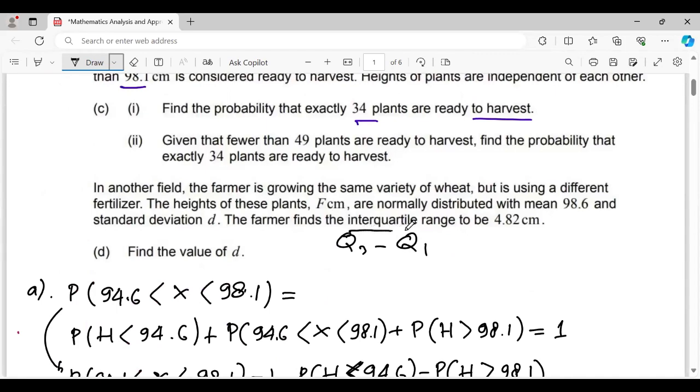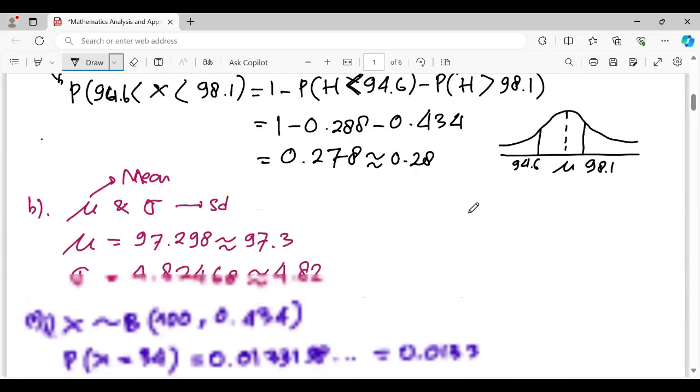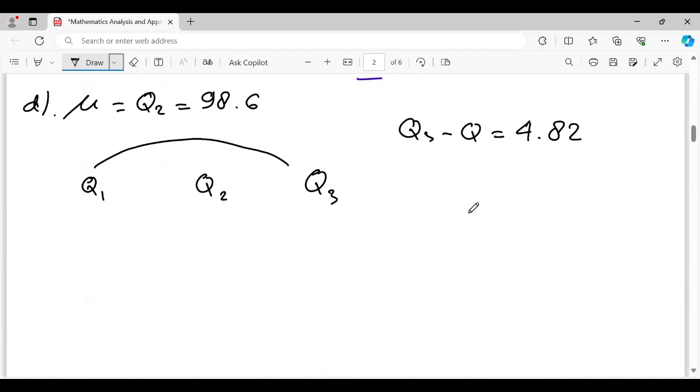And mu is 98.6. So Q1 to Q2 is 2.41 because 4.82 divided by 2.